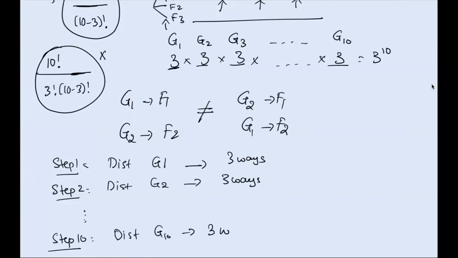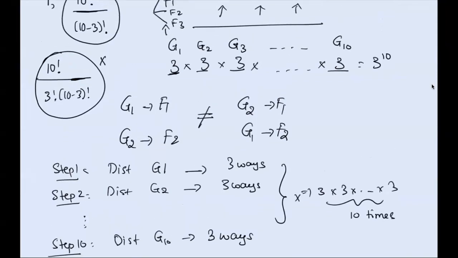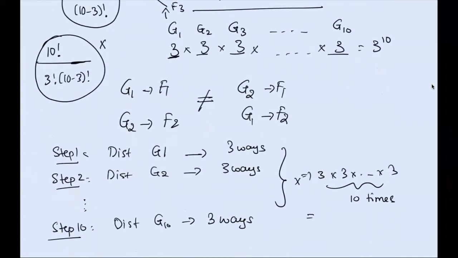I also have 3 ways to do it. Since they are sequential steps, for each way in step one, we have 3 ways to do step two. For each way to do step two, we have 3 ways to do step three. So you can use the multiplicative law. So you have 3 times 3 times 3, 10 times, which gives you 3 to the power of 10.